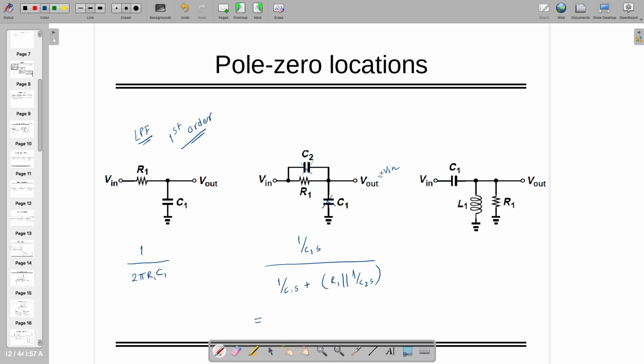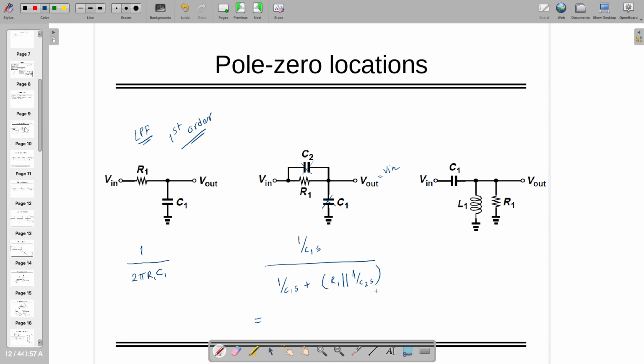C1 is also short. So depending on the value, whichever has the lower impedance, that path will be taken, right? So you have to look at the value of C1 and C2. But before that, can we have this final equation?